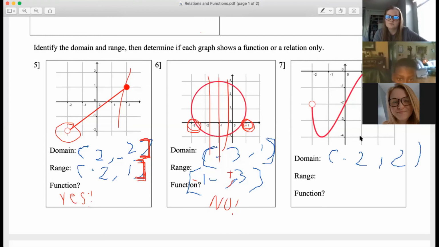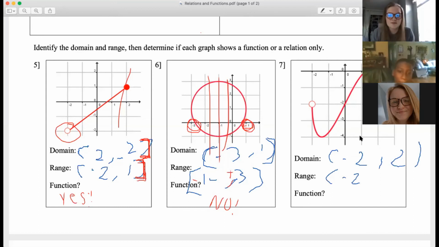The range would be negative 2. So we're going to look at where the graph is the lowest and where the graph is the highest. Okay, go ahead, try it again.